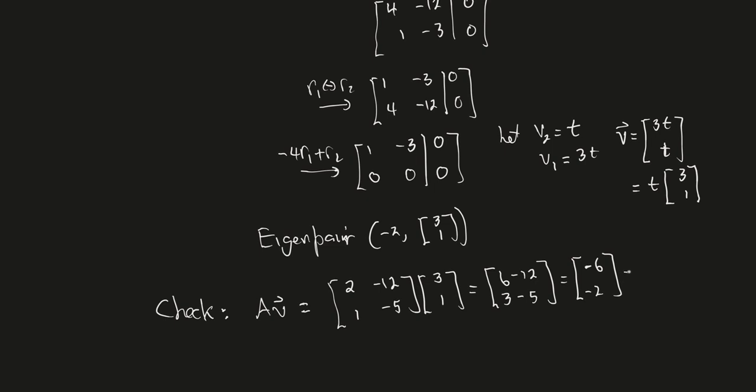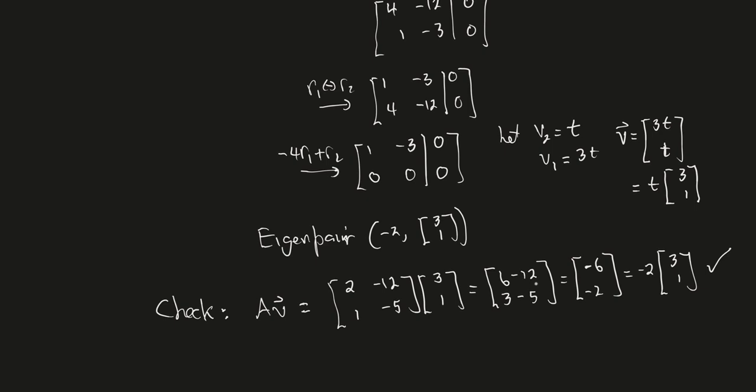Notice now I can factor out a negative 2, which is my scalar right there, and look what we're left with: our original vector 3, 1. And that tells us that we in fact found the eigenvector that is associated with this specific scalar, right?